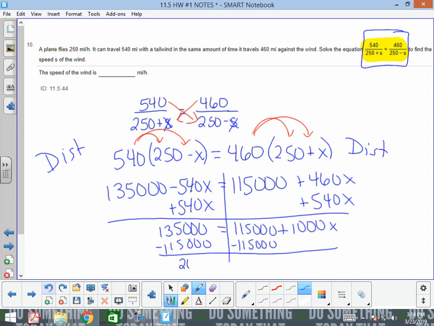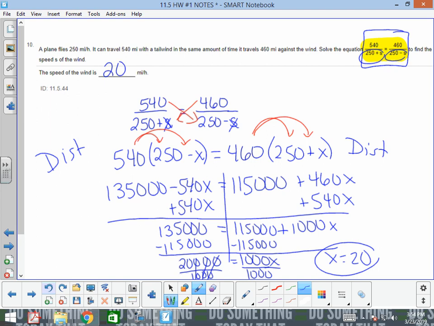So this is 20,000, not 2,000. And then divide by 1,000, and I get 20. Now, does 20 make either one of my denominators into a 0? No, it does not. So the speed of the wind is 20 miles per hour.